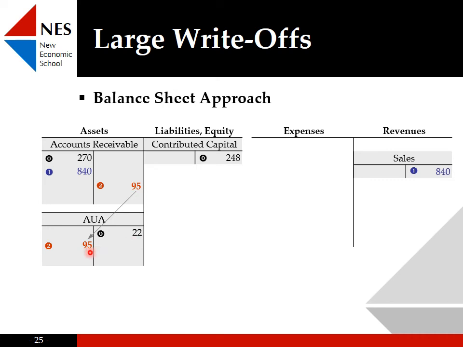I will in a minute show you that even though this is somewhat counterintuitive, if you record the transaction this way, it will not have any adverse consequences on your computation. The third transaction, the collection of receivables worth 790 for cash of 790, is the same as it was before.